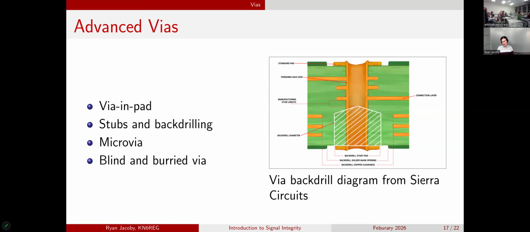So one common way of dealing with this is to back drill your vias. On the backside of really critical high-speed signals, sometimes it's quite expensive. Go get a quote for a board with a bunch of back drilling on it, but you can actually drill out the plated via and remove the conductive material that's not needed.